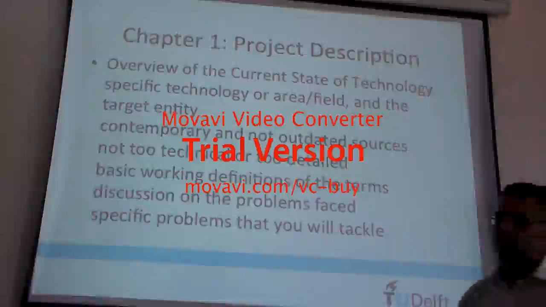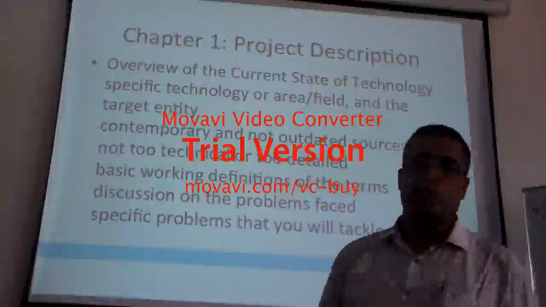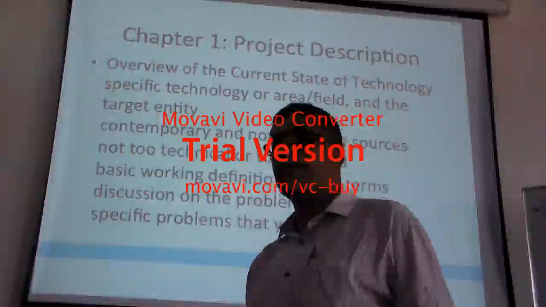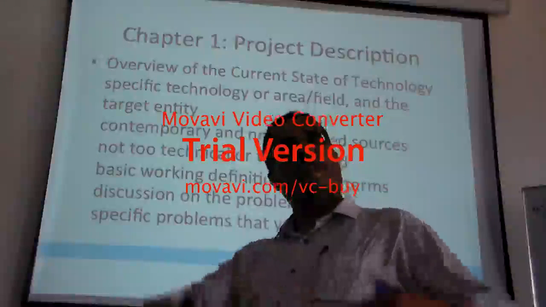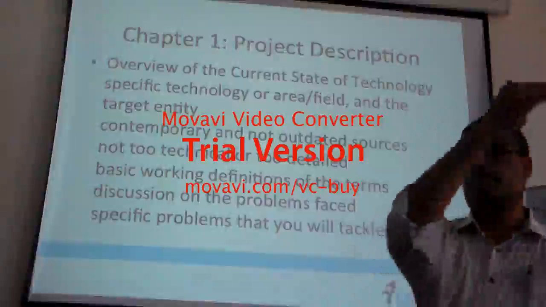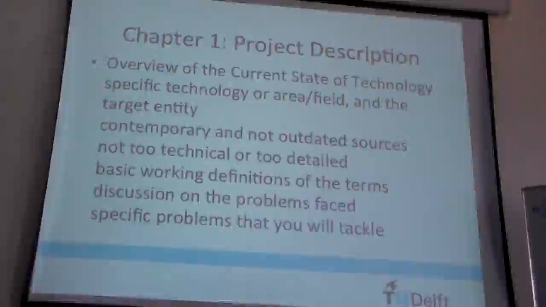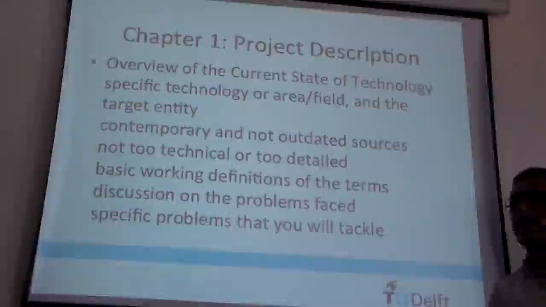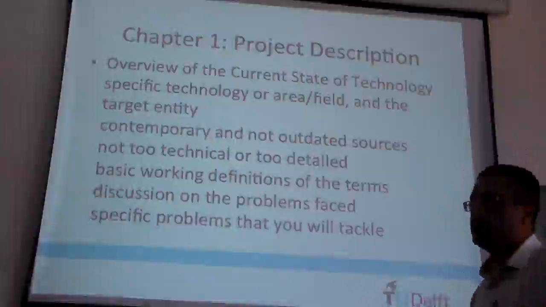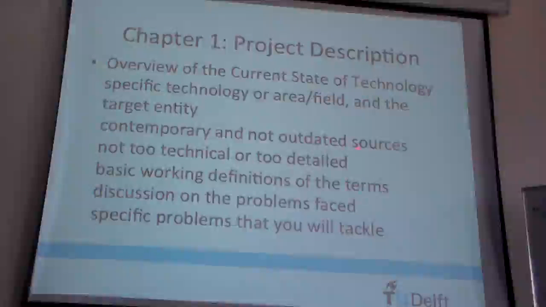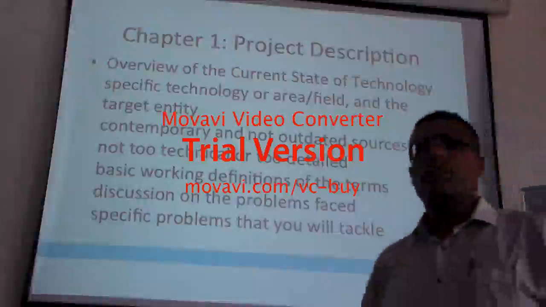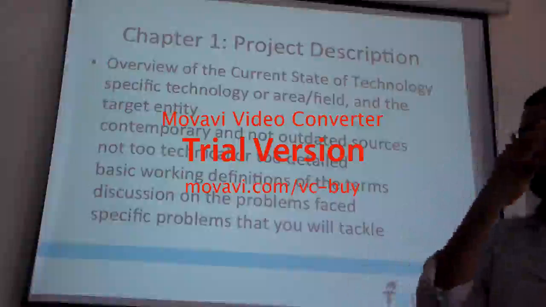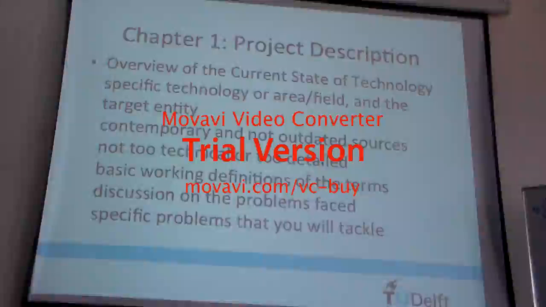We are in 2017, so we should use references from 2007 onward. Not below 2007, not below 2005, not below 2000, because all of these are called outdated, expired sources. It's not that they are expired, but you cannot use them, because we are dealing with technology.